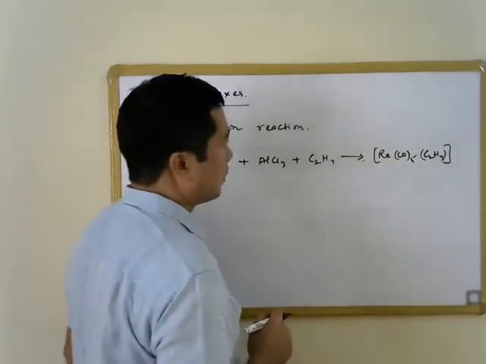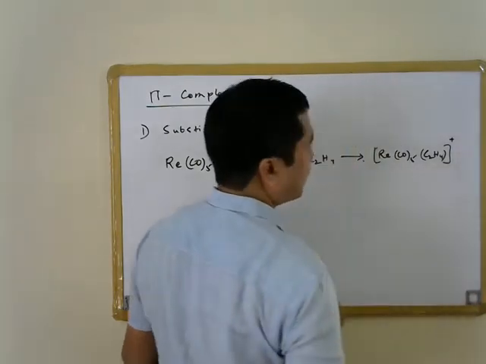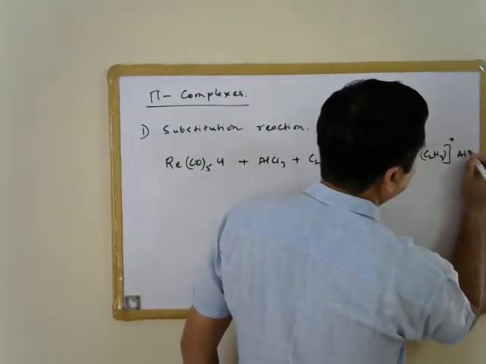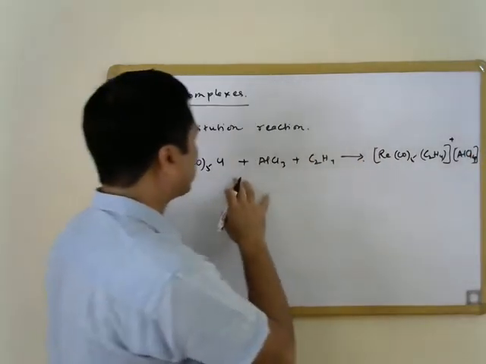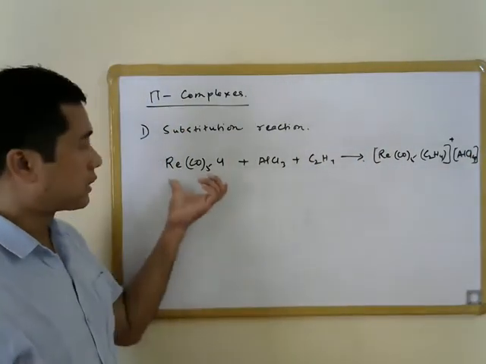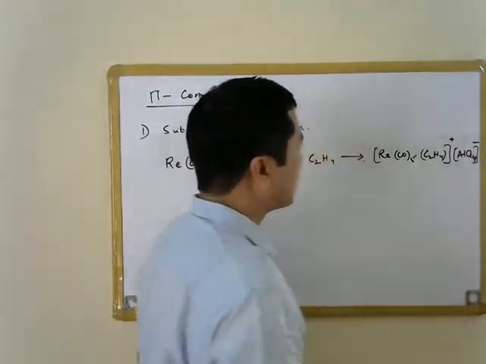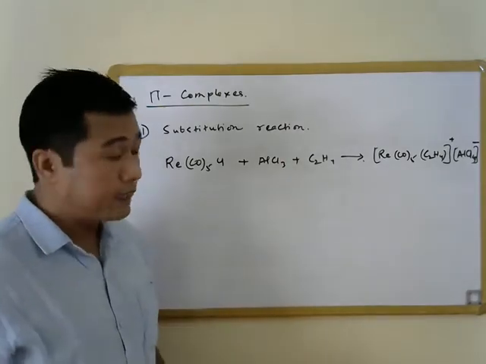And now, because the chloride is lost, the complex is going to be positively charged, and the AlCl4 that is formed after AlCl3 abstracts the chloride from the precursor complex will be the counter anion in this complex. So this is how one can do substitution of halides by using ethylene.